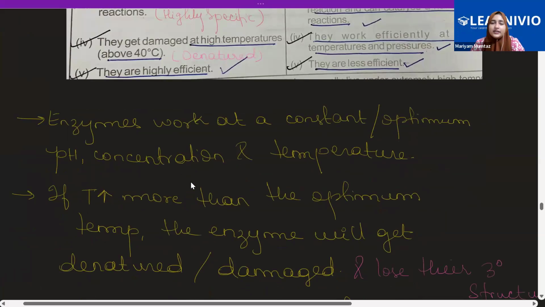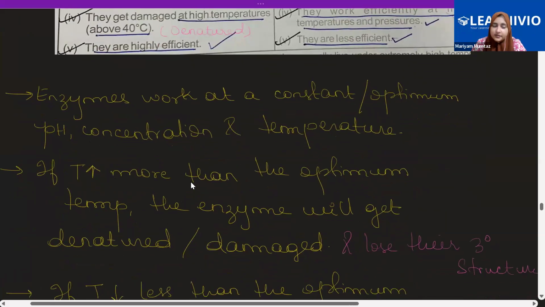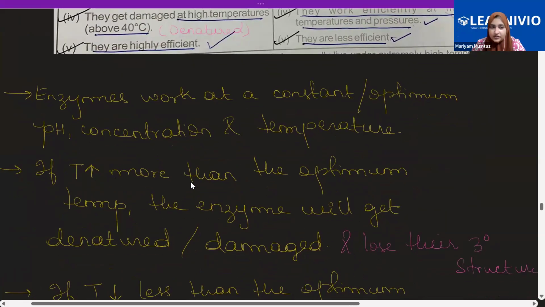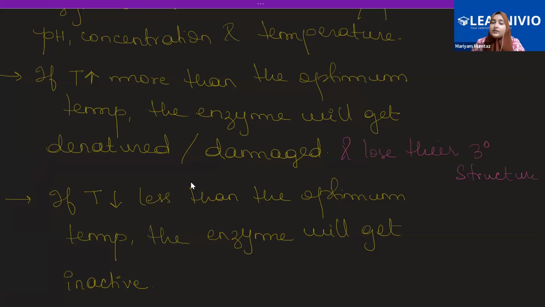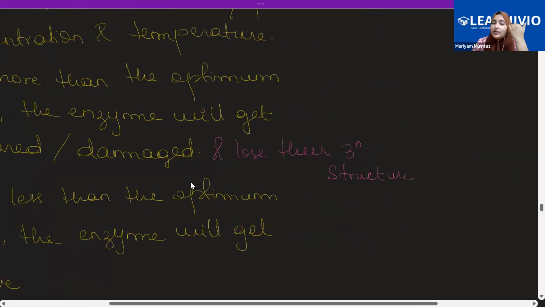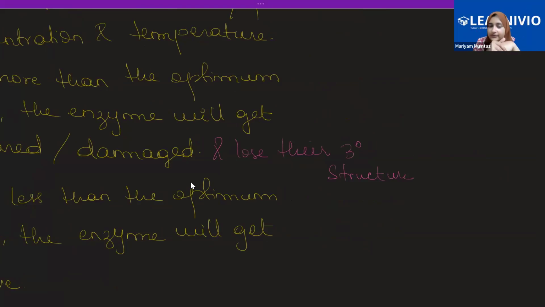Now, enzymes work at a constant or an optimum pH, concentration and temperature. If, for example, you increase the temperature more than the optimum temperature, the enzyme will get denatured or damaged. The meaning of denatured is that it will lose its tertiary structure and go to its primary structure. So the enzyme is destroyed. Understood?